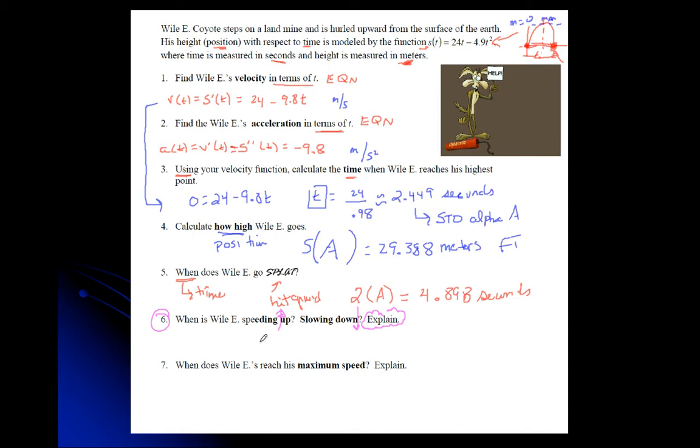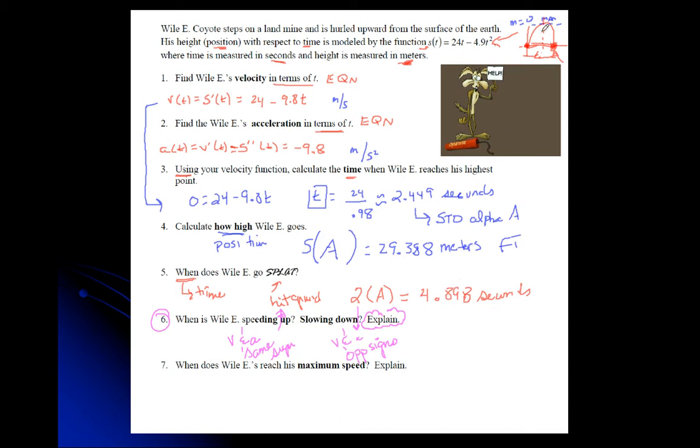Remember yesterday we talked about speeding up being when your velocity and acceleration have the same sign. Slowing down is when velocity and acceleration have opposite signs, working against one another. That's really the explanation. That's all they really want from you.